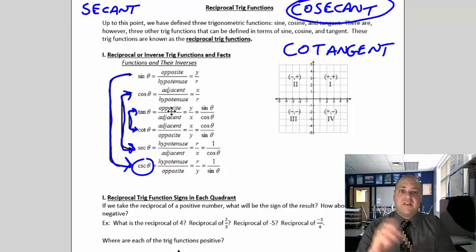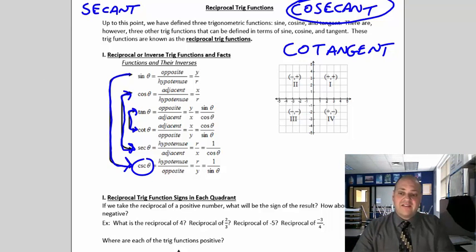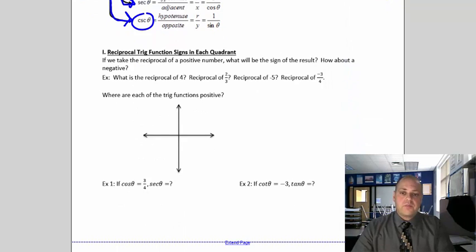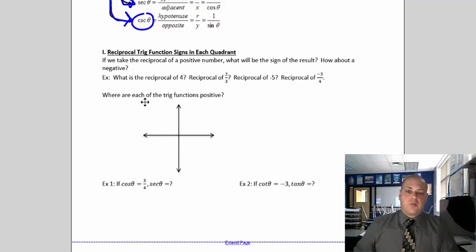That's one students easily remember. So if you have a tangent and you flip it, you get the cotangent. If you have a sine and you flip it, you get the cosecant. If you have a cosine ratio and you flip it, you get a secant ratio of the exact same angle. And we're going to be doing this. Now, as far as the positive versus negative in the quadrant, that's what we're going to talk about here.